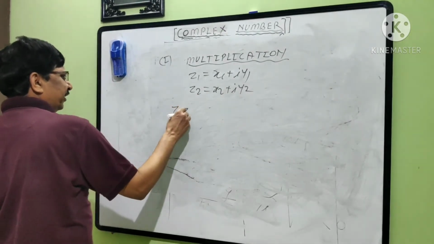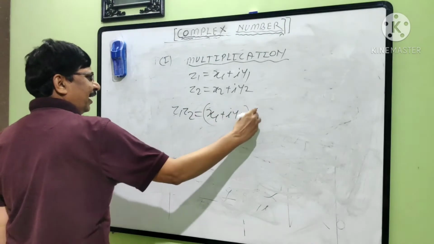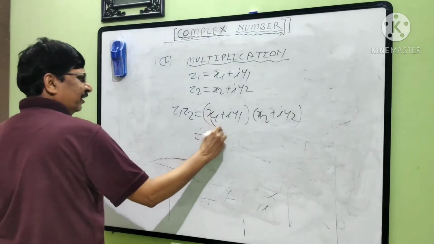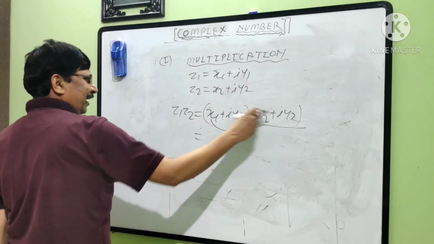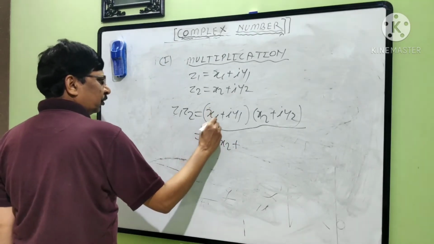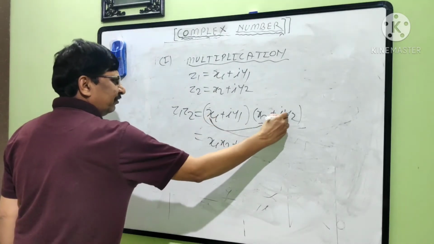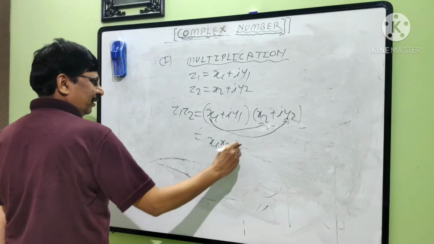Now z1 into z2, that is (x1 plus i y1) times (x2 plus i y2). Expand this like real numbers. x1 multiplied by this bracket gives x1 x2. Then x1 y2 i, there is a term of i.